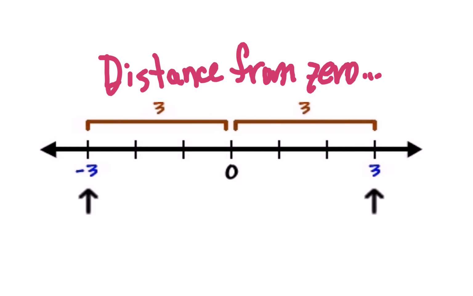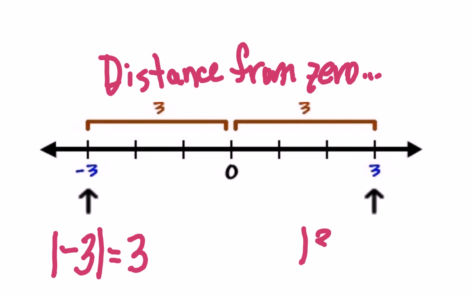If you take 3 steps walking backwards, you're still covering a distance of 3 steps. So a measurement like that, a length, has to always be a positive number. Distance from 0 is also a positive number. If I take the absolute value of negative 3, or the absolute value of positive 3, I'm still going to have an absolute value equal to positive 3.